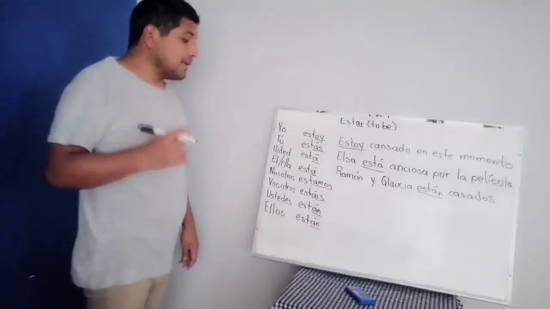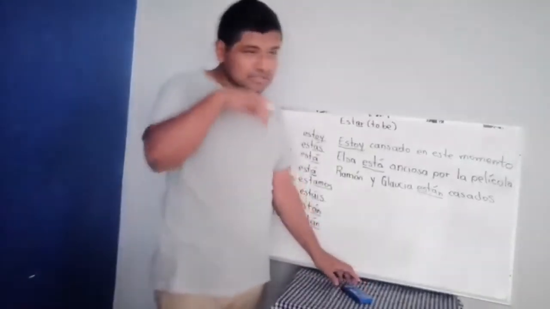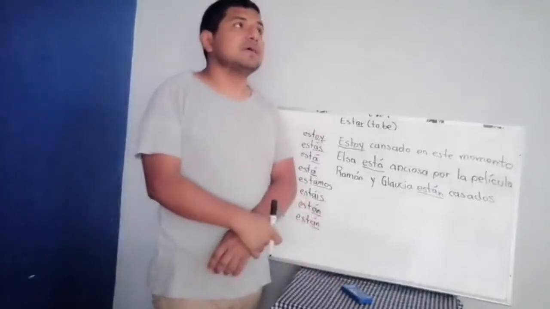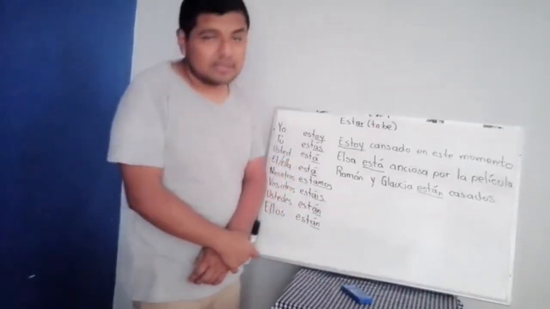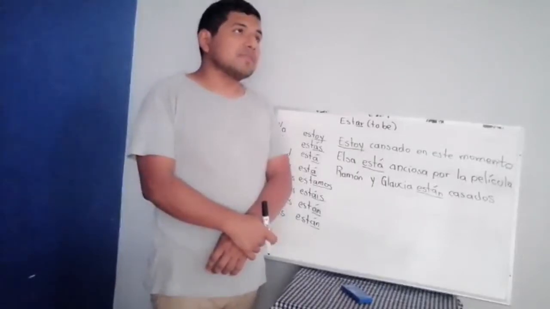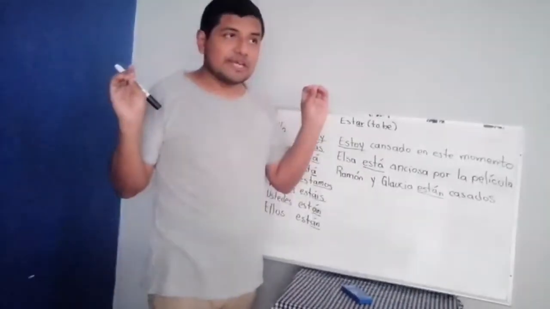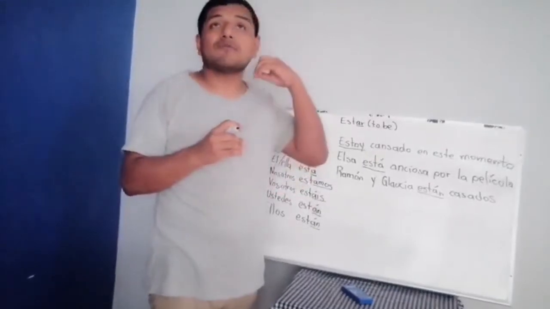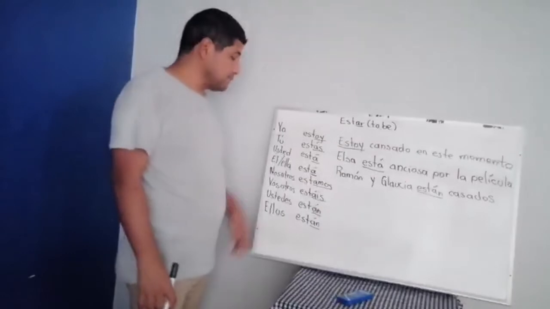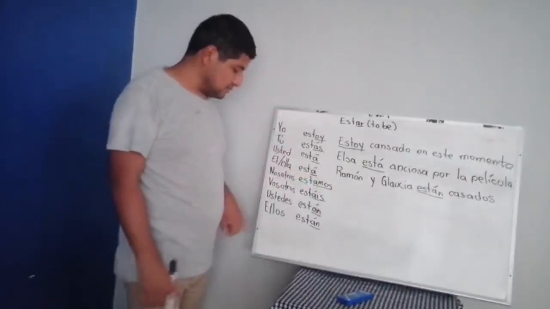As I said, we use ser, do you remember that in one of the videos about ser we said we can use it for things that are not going to change, or probably not for a long time. Well, Ramón y Glaucia, what is the pronoun that is replaced?